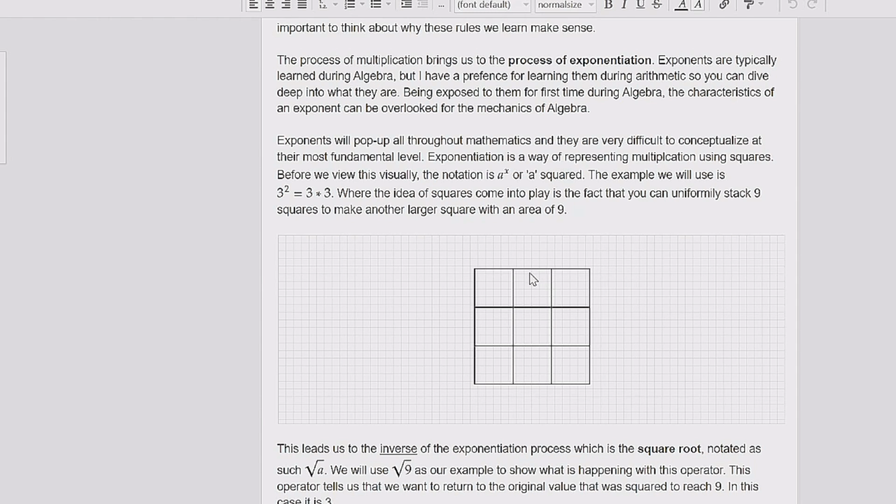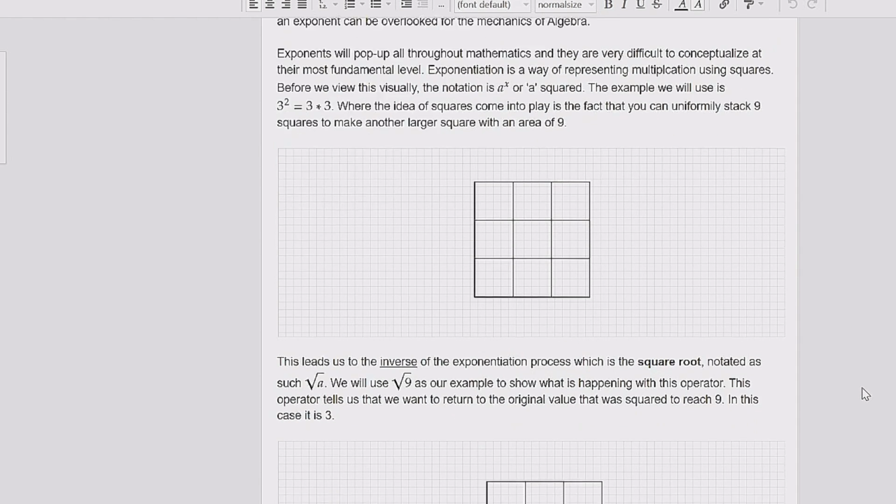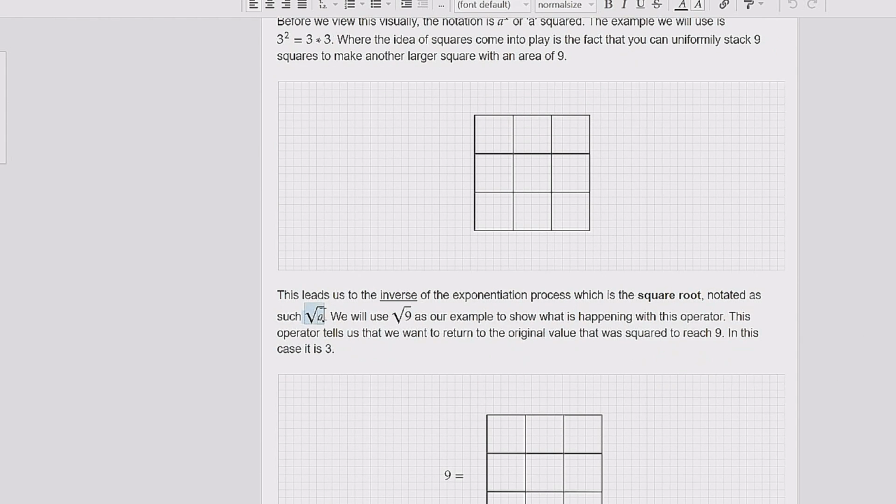The best way to think about it is when we're squaring something, we are actually dealing with squares. You can visualize squares. So 3 times 3 gives us 9 squares. But what's the base? What's the original number of squares used to give this output? We can actually find the inverse of this perfect square by performing a square root operation notated using this principal root here, as we can see.